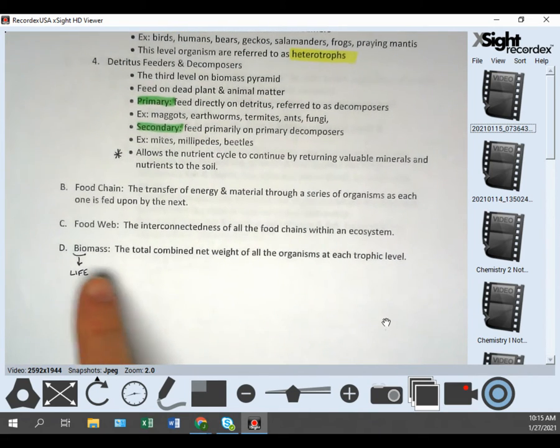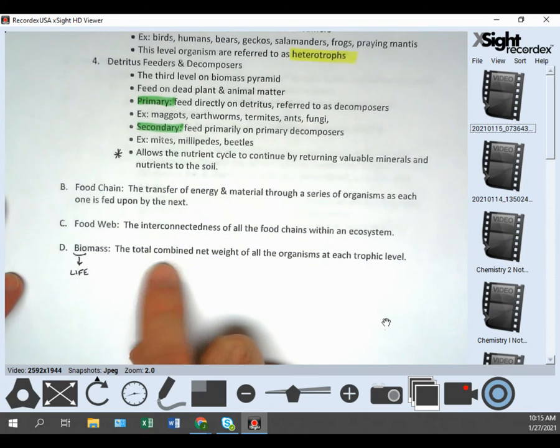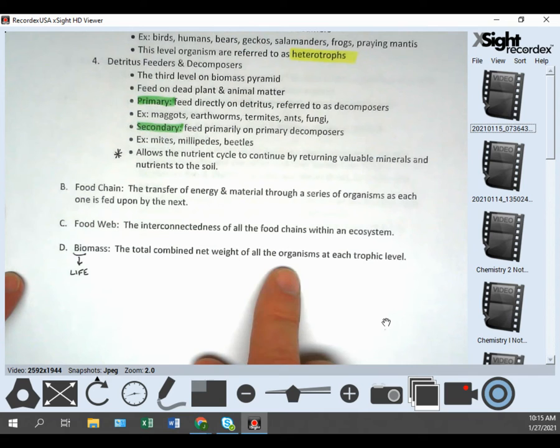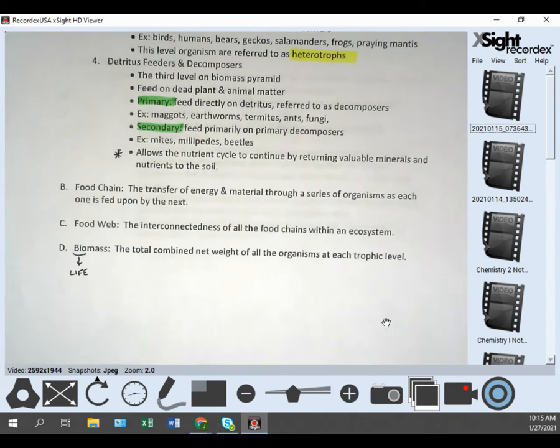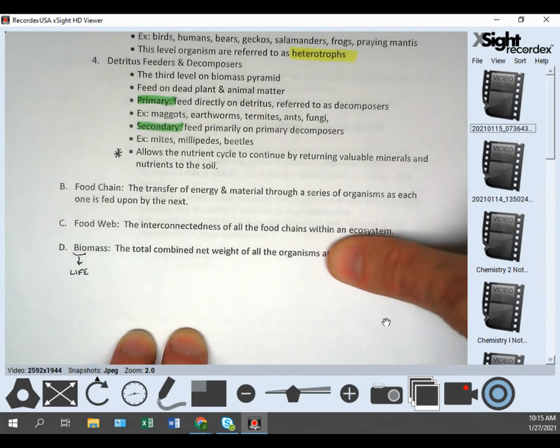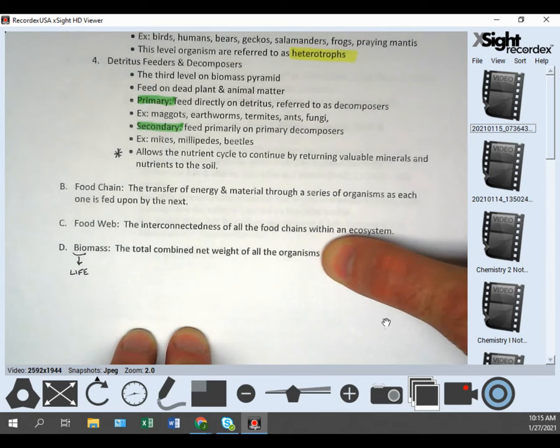So biomass literally refers to the mass of the living content: the total combined net weight or mass of all the organisms at each trophic level. The biomass for an area would technically just be the total combined net weight of all the living organisms.